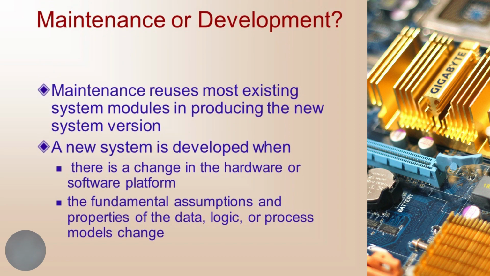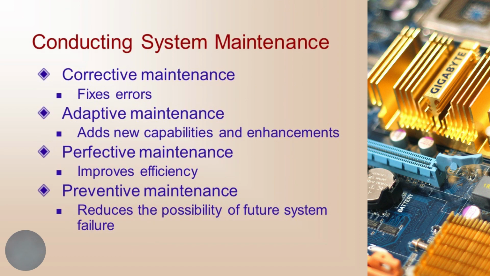Maintenance or development, which would you choose? Maintenance reuses most existing system modules in producing the new system version. A new system is developed when there is a change in the hardware or software platform, or the fundamental assumptions and properties of the data, logic, or process models change.